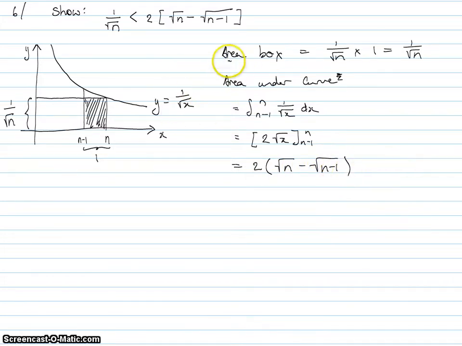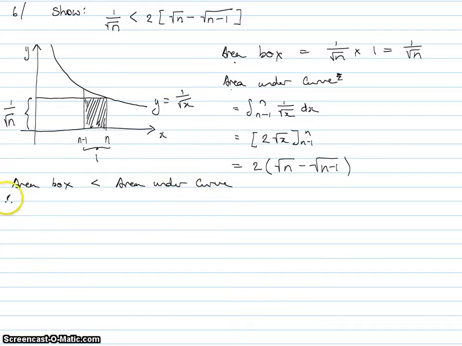Now, comparing the two areas, the area of the box and the area under the curve, which one's bigger? Clearly the area under the curve. So we can say area of box is less than area under curve.